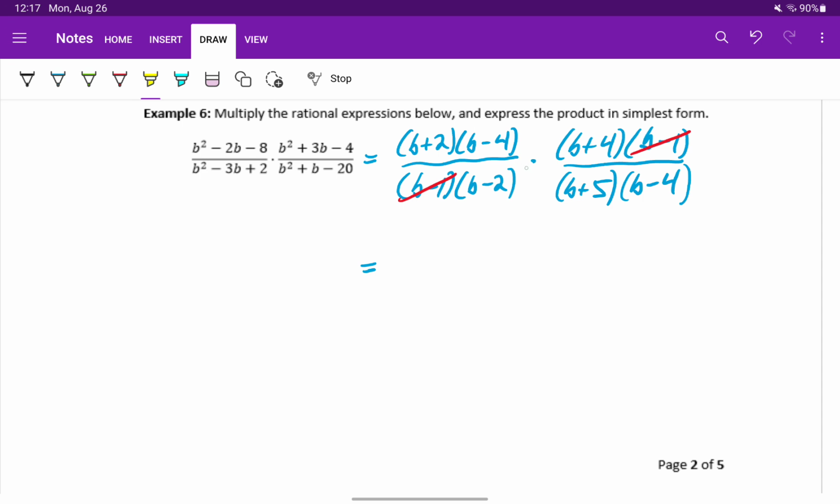As long as we're multiplying these expressions together, that's fine. We can do that diagonal cancellation. Similarly, b minus 4 over b minus 4 will cancel, leaving us with the reduced expression b plus 2 times b plus 4 all over b minus 2 times b plus 5.